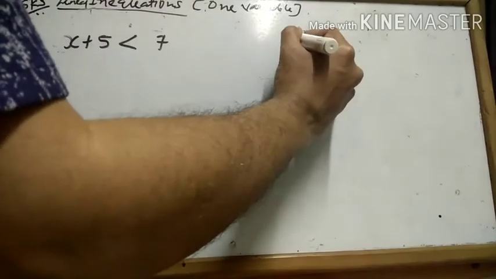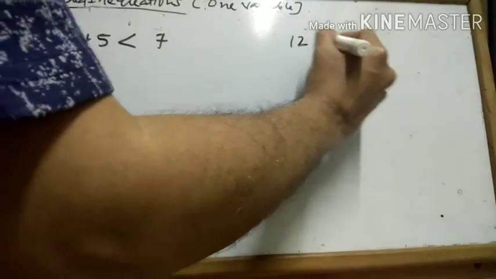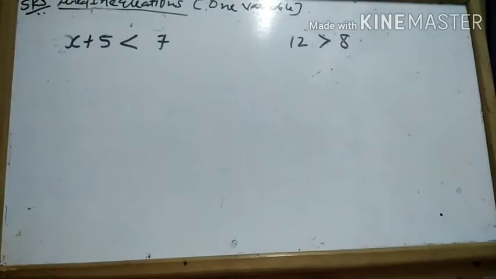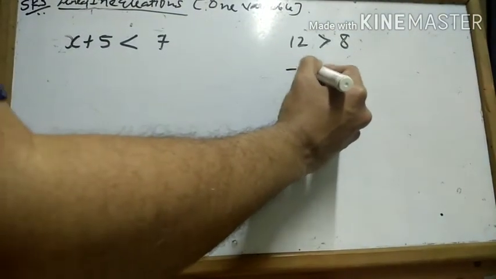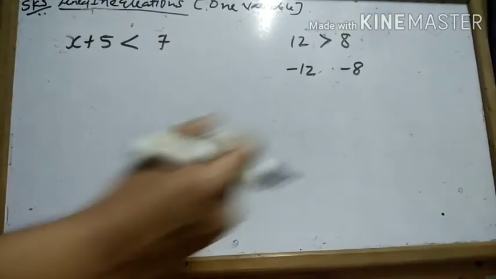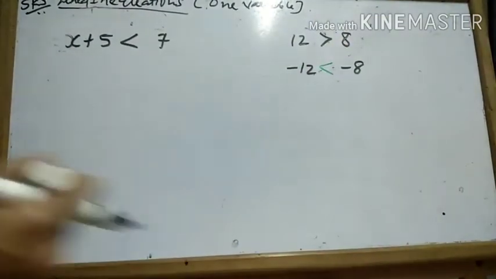Next rule what we are going to understand is something very interesting. Say for example, I am having 12 greater than 8, and if I change the sign of both the numbers, what will happen? Here is negative 12 and here is negative 8. And if you observe it carefully, negative 12 is smaller than negative 8.